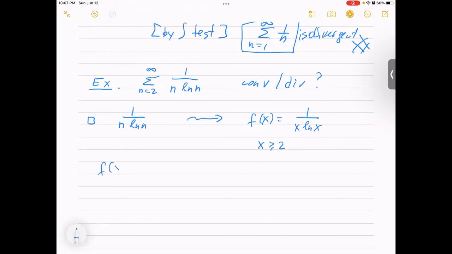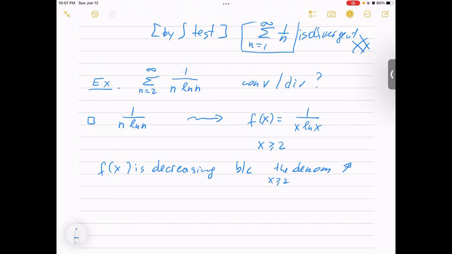So f of x is decreasing because the denominator is increasing and the numerator stays the same, so the fraction is decreasing. That is when x is greater or equal than 2. Okay, so we're going to apply the integral test.